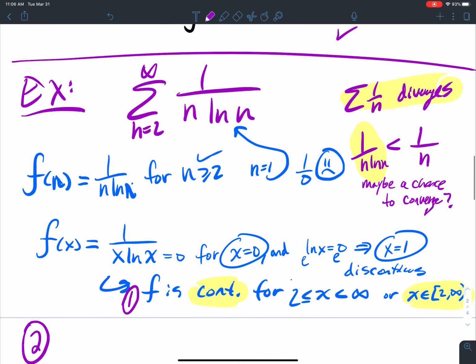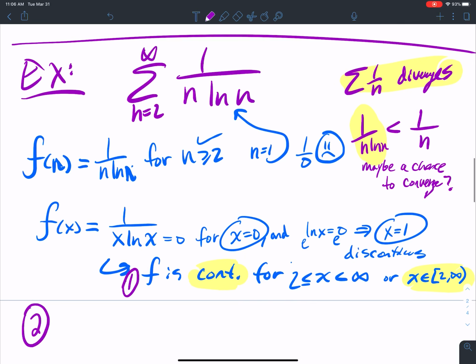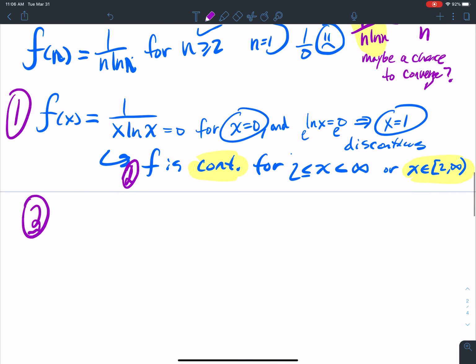What do we have to do for number 2? Sorry, number 1 was write the function. Number 2 was continuous. Number 3 is positive.